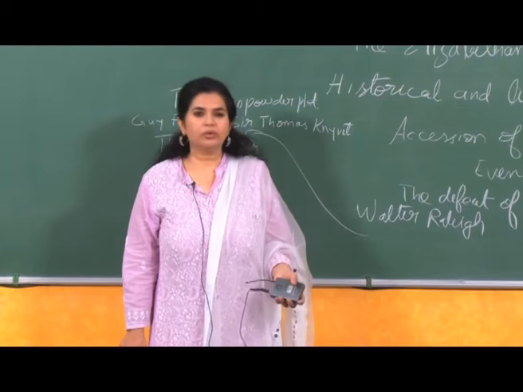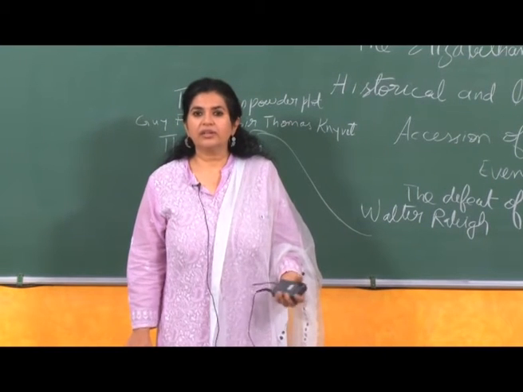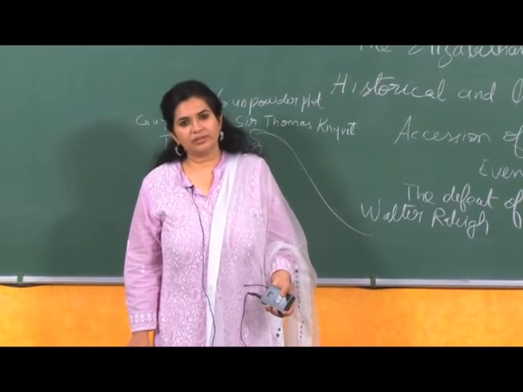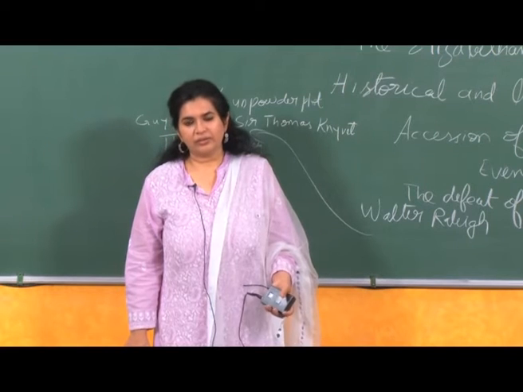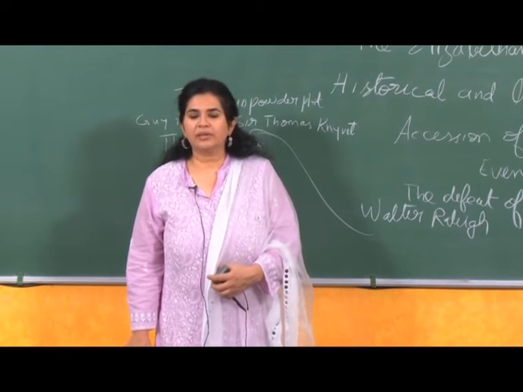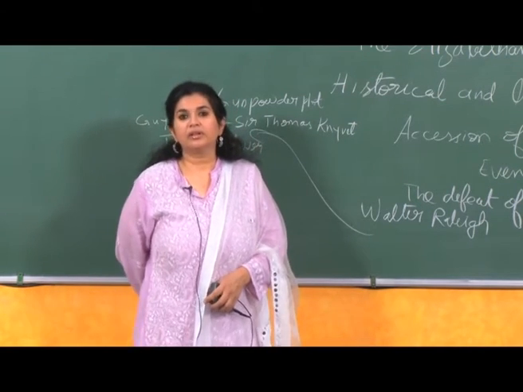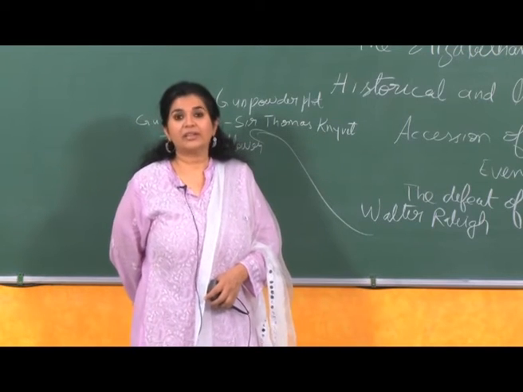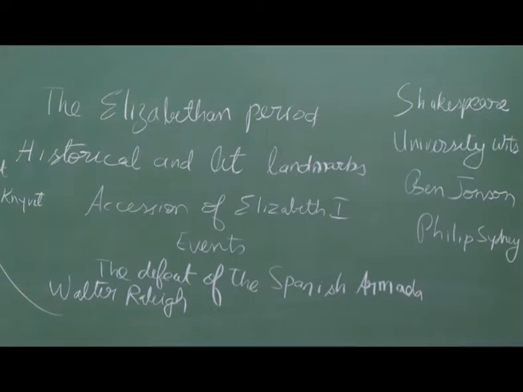Later on, when we do American and Asian literature, then we have to understand the social and the political and cultural background, the milieu as they say, of that age also. So, history and literary landmarks. So, literature, of course, Shakespeare is at the center.